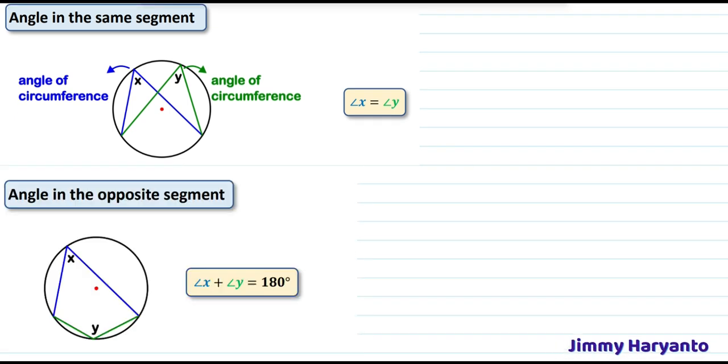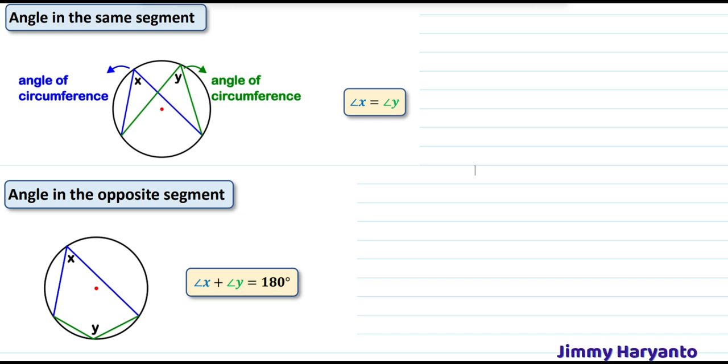And then angle in the opposite segment. Opposite segment means when you have one angle at the circumference facing one of the arc, the other angle at the circumference will be facing the rest of the arc. That means they are facing in the opposite segment.